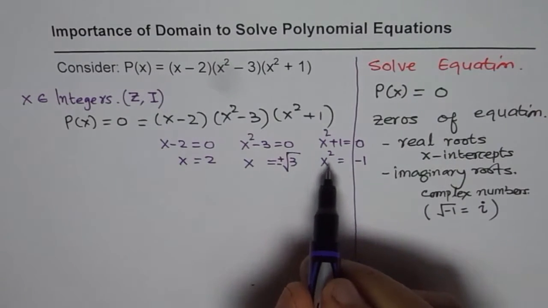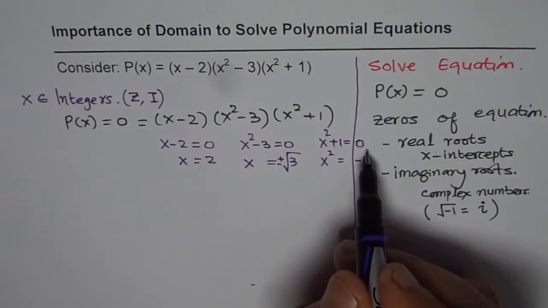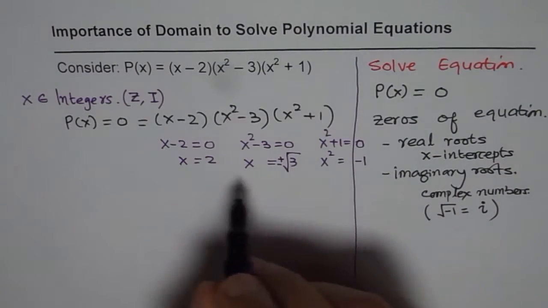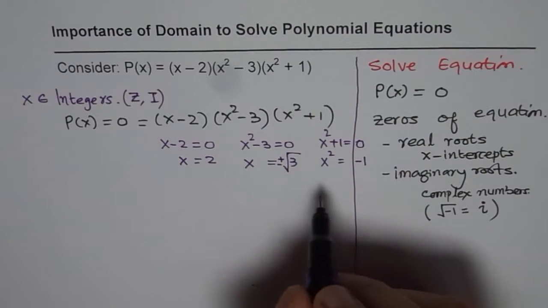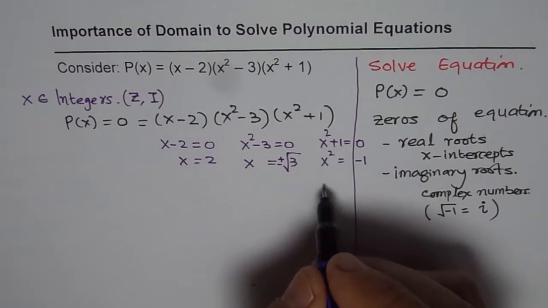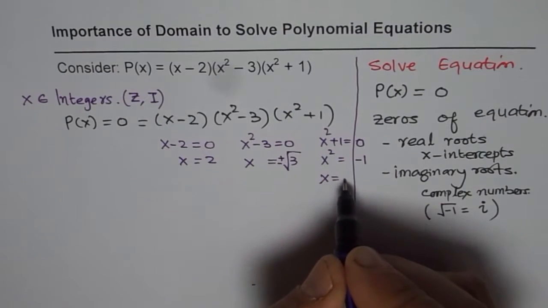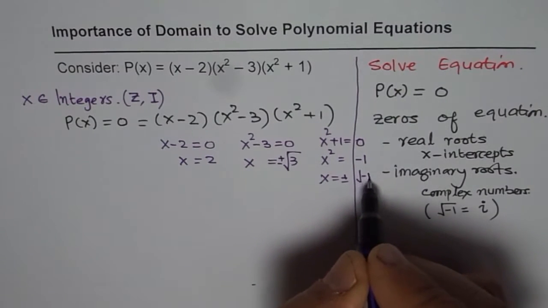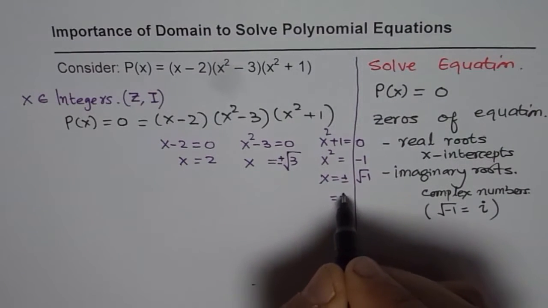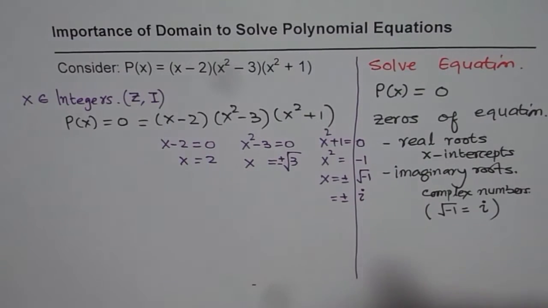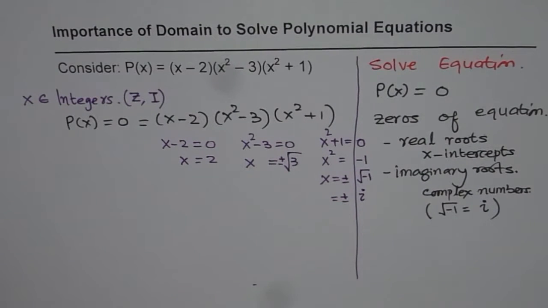Now you know x squared cannot be negative 1 in real numbers, even in integers, right? So I'm just giving you a general solution first, and then we'll jump into conclusions. So from here we say, well, x equals plus minus square root of minus 1, which is indeed plus minus i, right? So these are the solutions.